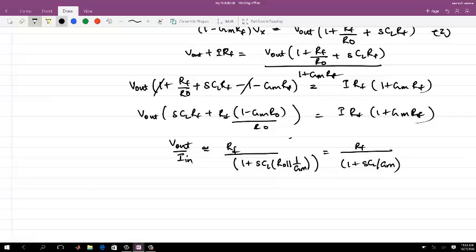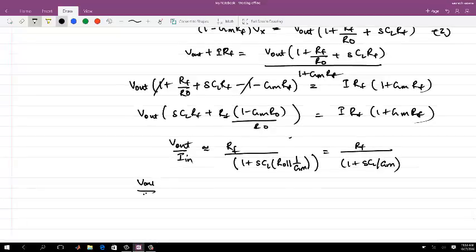The whole idea of doing this is that your Vout by Vin, now let me write the previous gain stage, which was GM1 by 1 plus GM1 RS by 2. Now you have RF here for the DC gain.